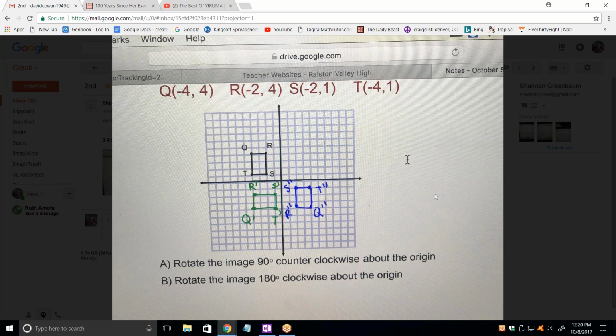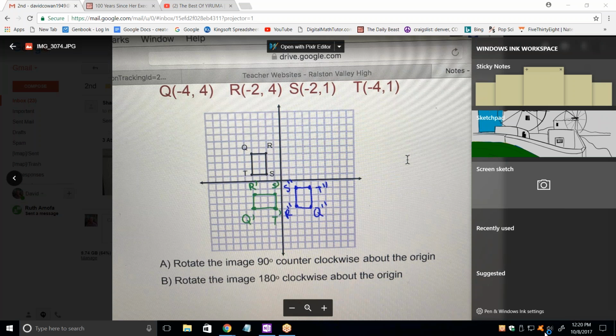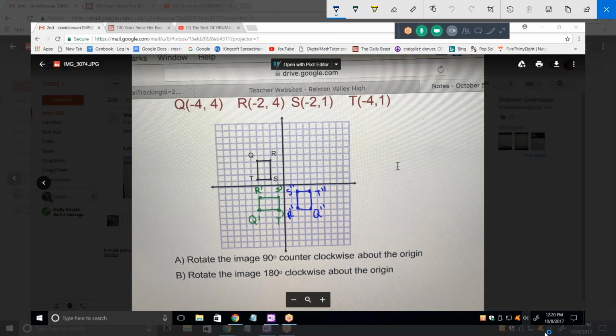Let me take a snapshot of this so I can write on it. When you are rotating about the origin, take the closest corner and draw a line to the origin. See that blue line? In fact, let me change colors. One of the beauties of online is I've got multiple colors.